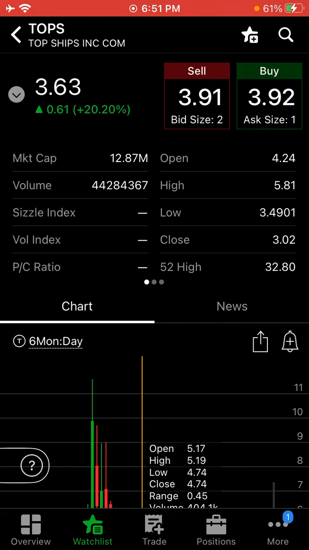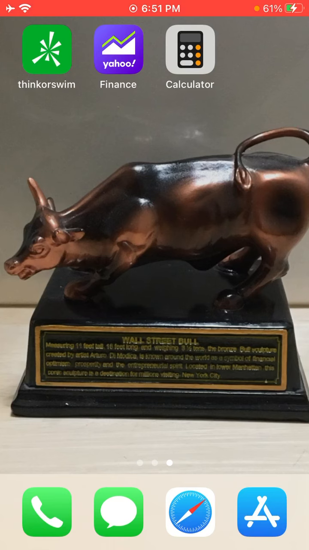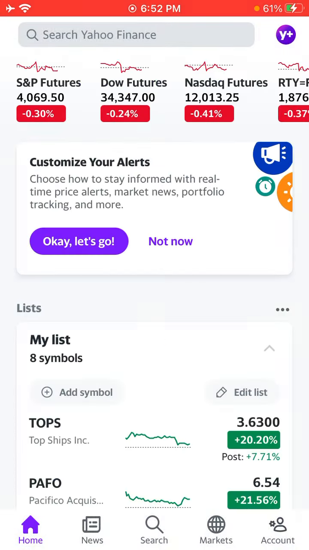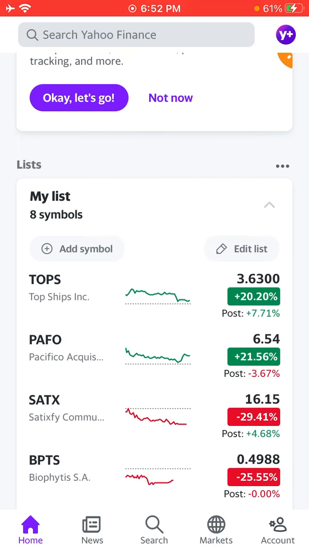Okay, so now I just want to briefly mention in the previous video, when I was talking about how to find the float, I just so happened to not have a good stock example.